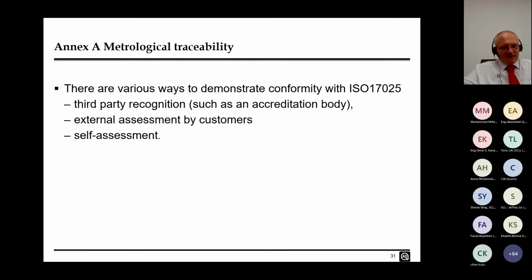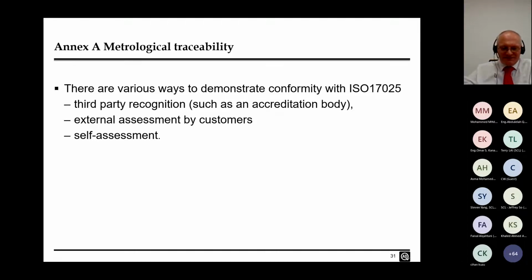Or you can have self-assessment. And I usually make the example of this, that if you're PTB in Germany and you say we meet ISO 17025, I very much doubt anybody's going to argue with you. But if you're EMI in the UAE and you say we're self-assessed to ISO 17025, I suspect people will go, okay, well, that's what you say, but why should we believe you?